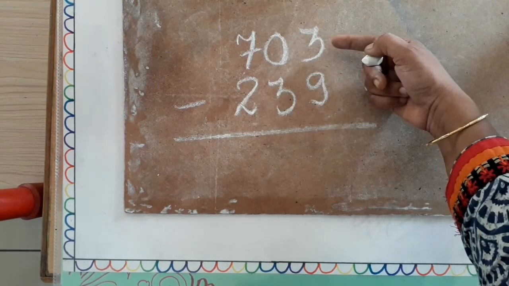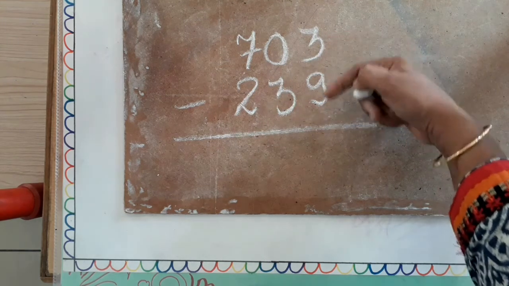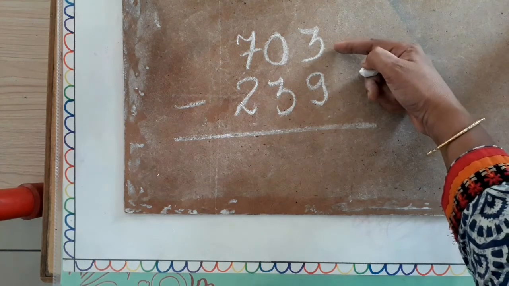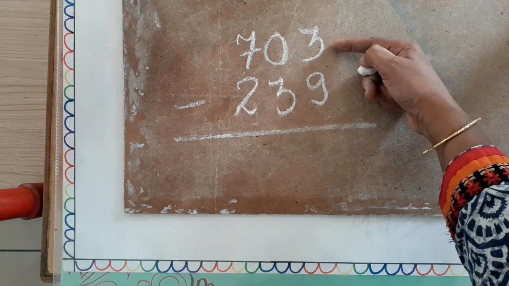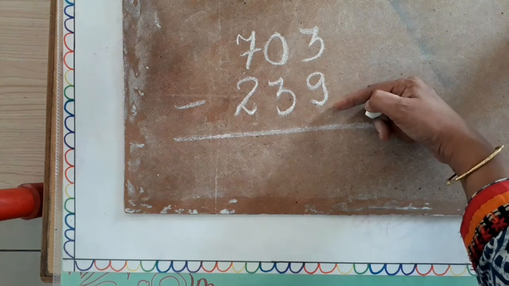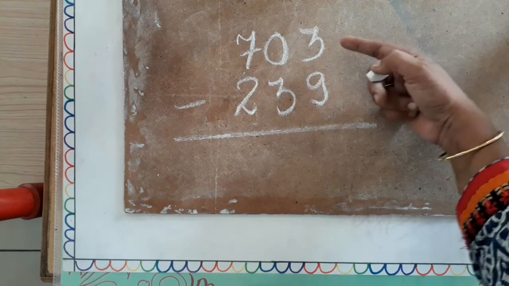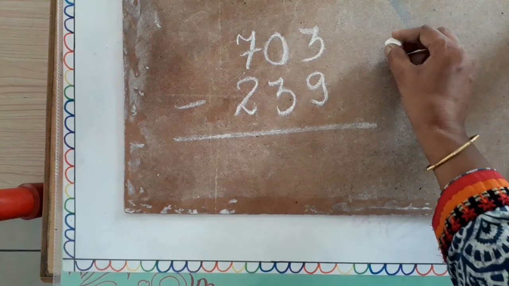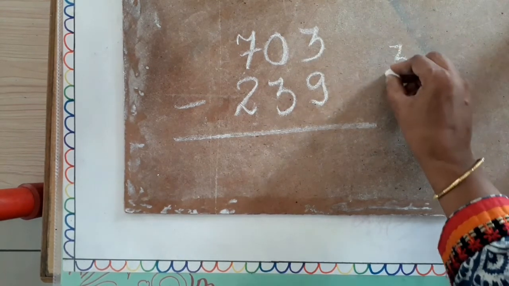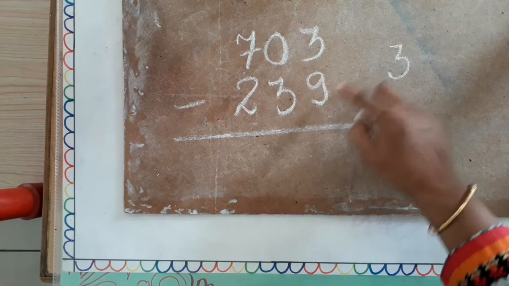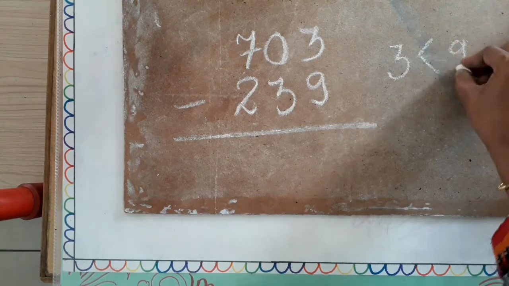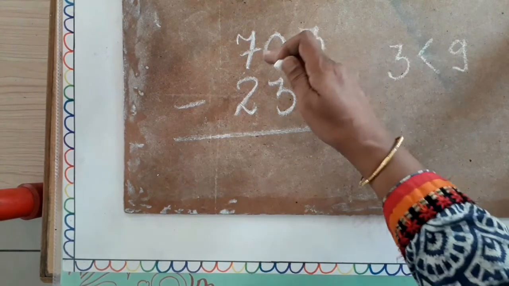Now we will compare the numbers and see whether the number given on the top is greater than the number given just below it. If not, we have to go to the next door. So here I will see, is 3 greater than 9? So no, 3 is smaller than 9. So I need to go to the next door.